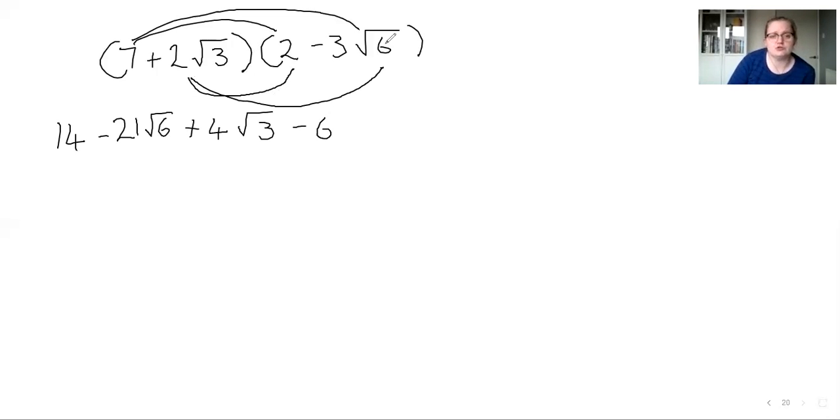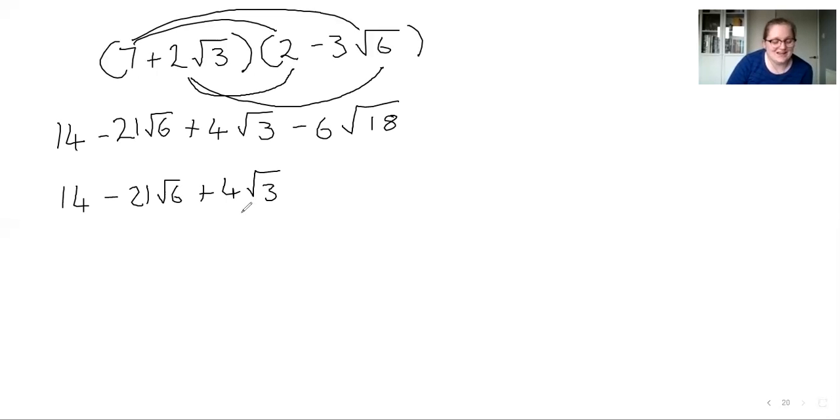Actually, we've got 2 roots to multiply together as well. So we've got 3 times 6, and that will give us 18. So now we're going to look at them and go, okay, can we make these any simpler? Can't do anything with 14, so 14 is going to stay the same. Can't simplify 21 root 6, so that's going to stay the same. Can't simplify 4 root 3, that's going to stay the same.